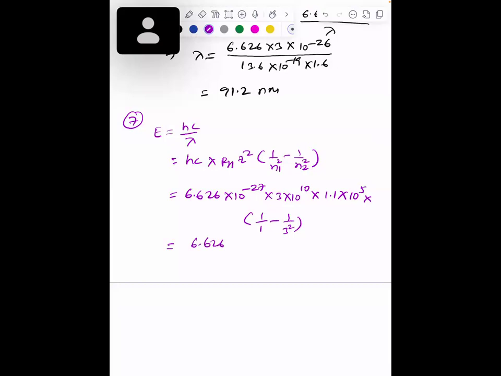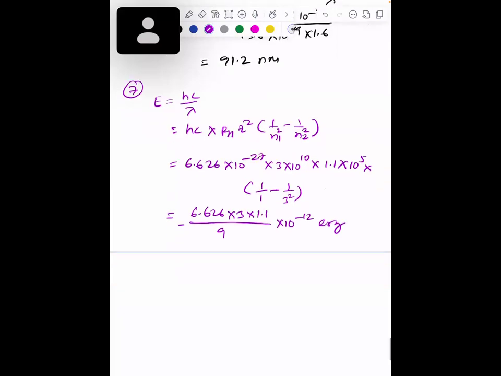So 6.626 into 3 into 1.1 divided by 9 into 10 to the power minus 27 plus 15 minus 12, CGS.